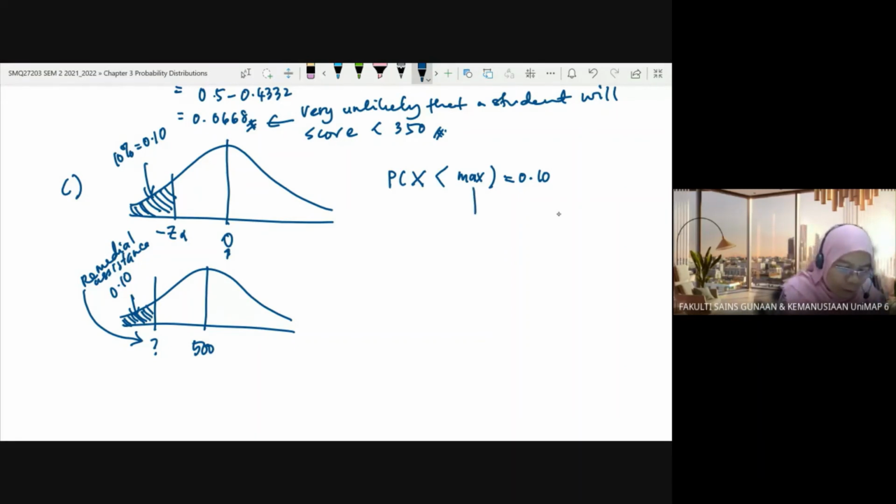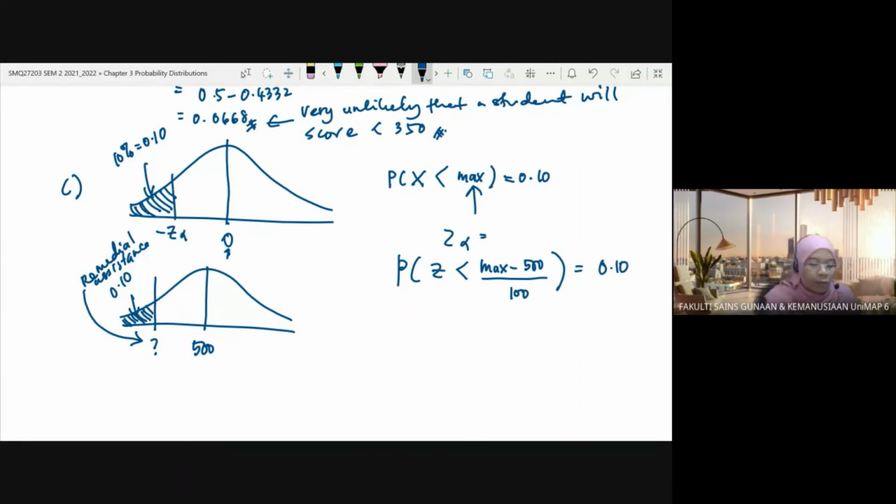We know that we need to find what is the maximum value. This maximum value reflects the Z alpha. Okay, so I don't think I need to write the Z alpha negative, just remain as Z alpha. If we transform this into standard normal, this becomes P(Z less than (maximum minus the mean of 500) divided by the standard deviation of 100), and this will give 0.10.